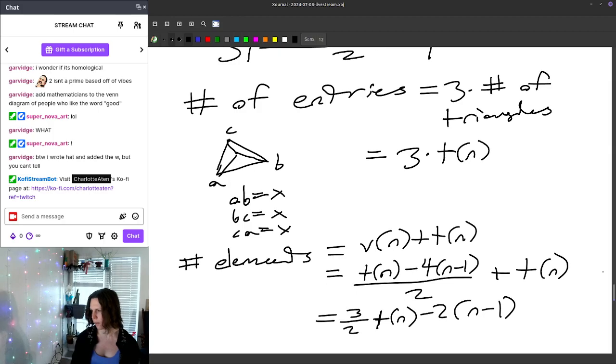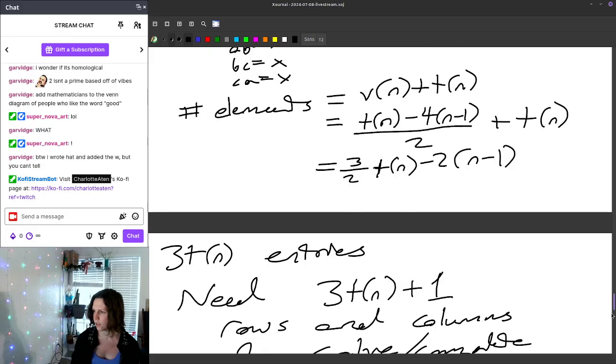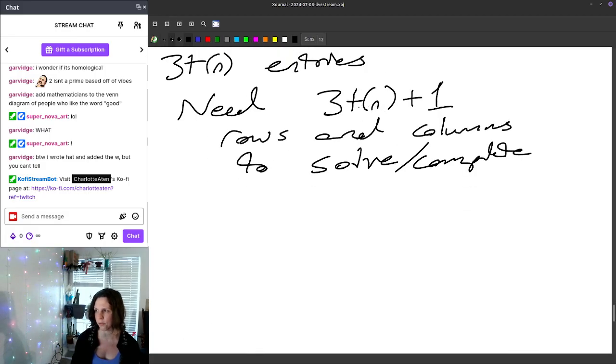Okay, and so maybe not shockingly, the number of elements that I would end up with here, the number of rows and columns, is somewhat less than 3/2 times t of n. So actually, it's like half of what we need.